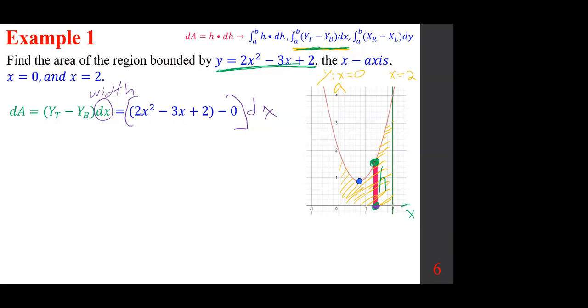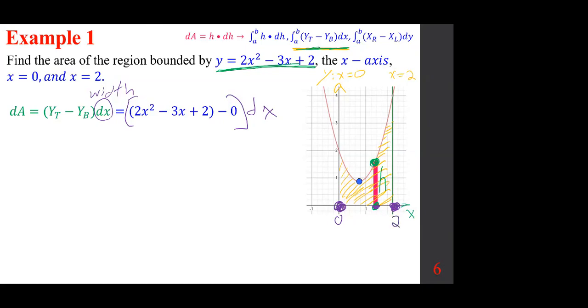Now, as long as you can figure this out, the rest is going to go very easy. I want to emphasize one of them really with details so you can figure out the rest easily on your own. So let's see what happens. We are going to go from here, which is x equals 0, to here, which is x equals 2.